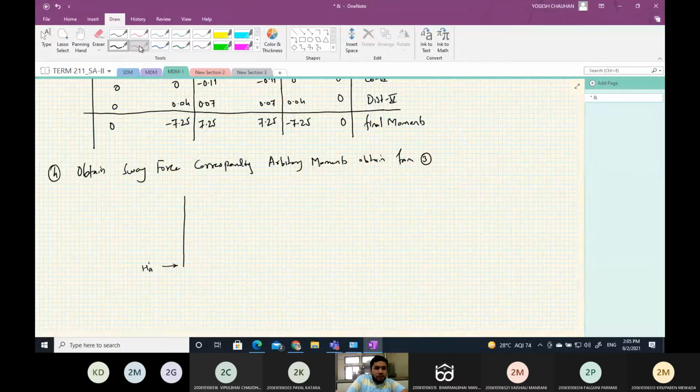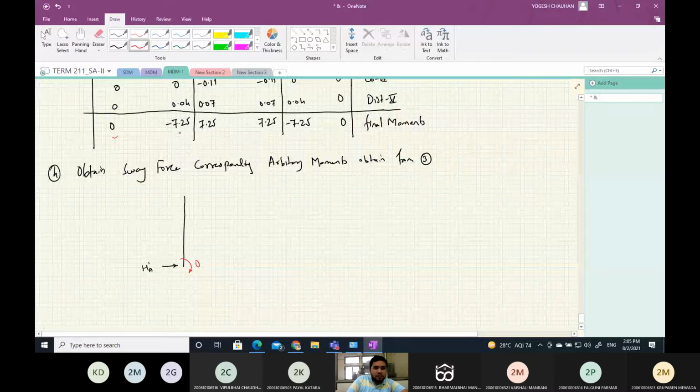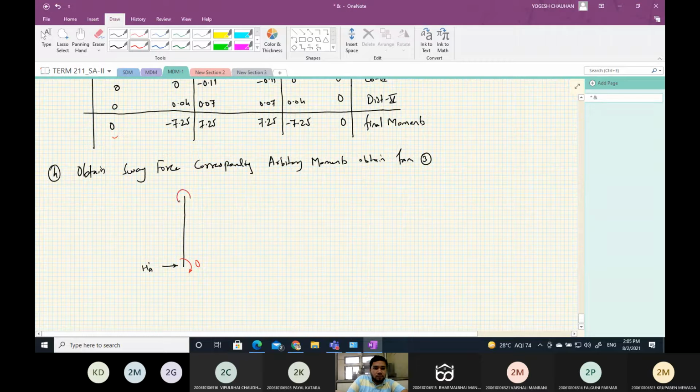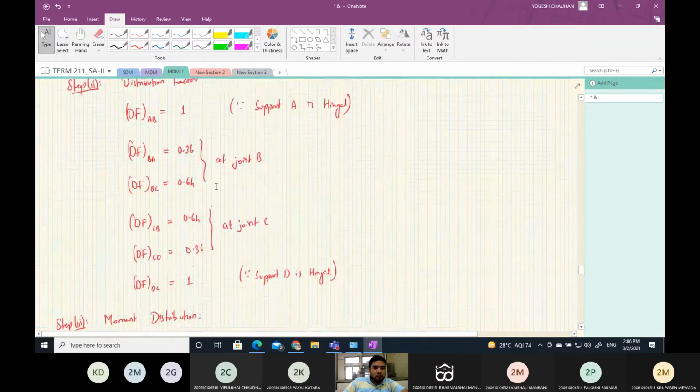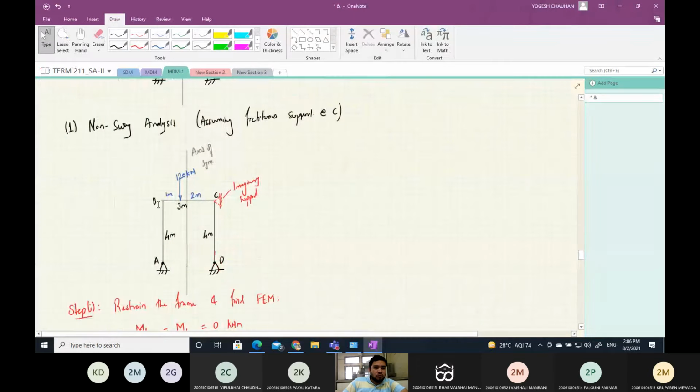The moment at A is 0. The moment here is minus 7.25. Minus means it is anti-clockwise. This is A, this is B. There is no load on AB.